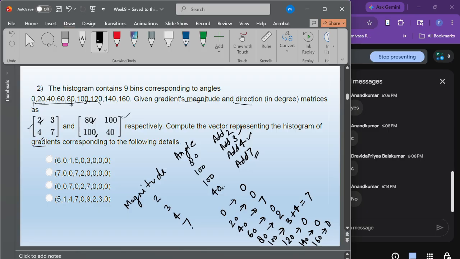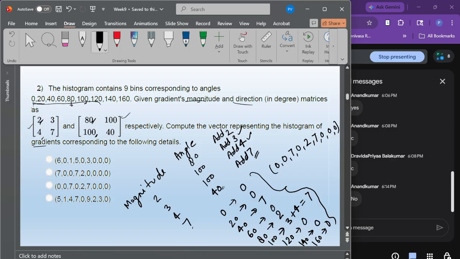So now, what is the vector representation of the given histogram gradient? How can we represent it? Start from here: 0, 0, then 7, 0, 2, 7, 0, 0 and 0.